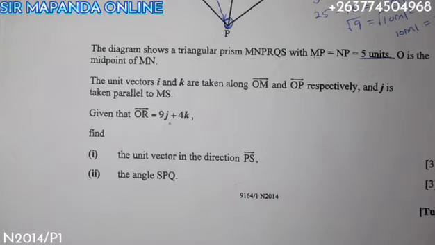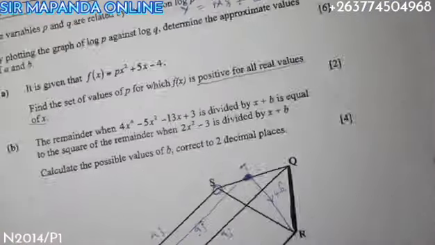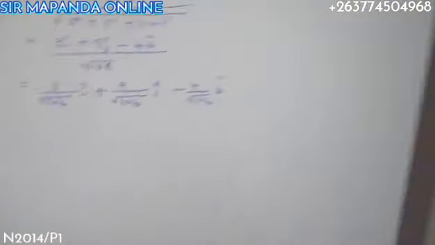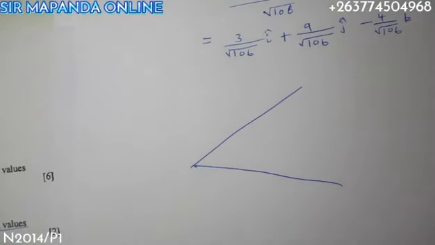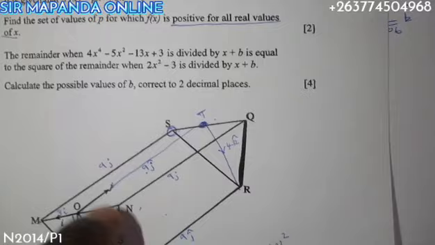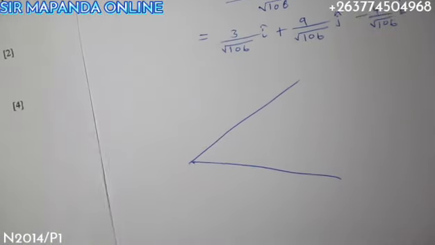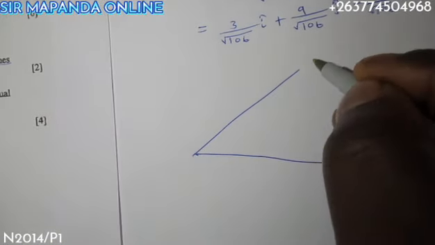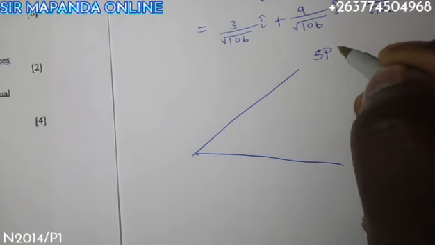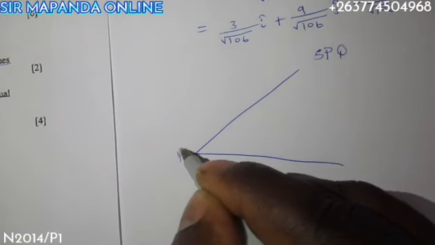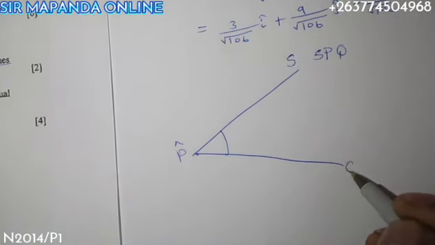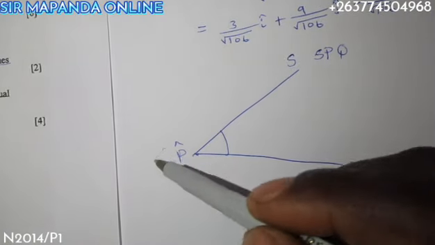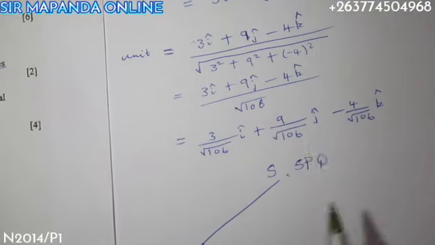Calculate angle SPQ. Right, so to find SPQ, you need to make a sketch first, which might not be on the diagram itself, but you can make your own sketch here. We want to find SPQ. So P is the angle, this is S, and this is Q. So we now have PS, right?